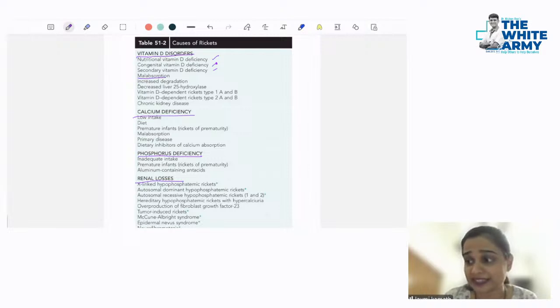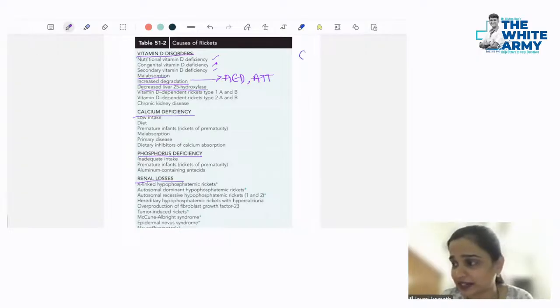Or there is increased degradation of vitamin D, especially with usage of drugs like I told you, that is anti-epileptic drugs or anti-tubercular drugs. Okay, these kinds of drugs. Next is decreased liver 25 hydroxylase. So we know that first in the skin the vitamin D is activated, then it goes to the liver where 25 hydroxylase is there, and then it goes to the kidney where 1 alpha hydroxylase is there, then it forms the active form, correct?